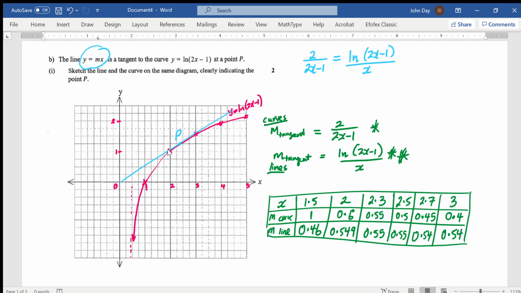So clearly they're not wanting an exact answer on this. They're just wanting you to be able to get P in roughly the right position. And I've spent a lot of time on that, but you could have done that quite quickly with some intuitive quick guessing on the calculator. So I've got a nice picture going there, and I'm going to go and answer the next question.